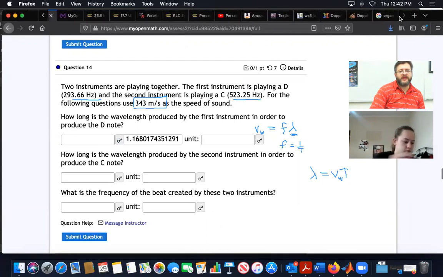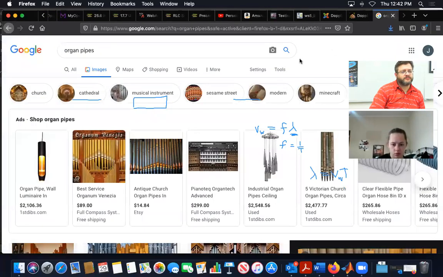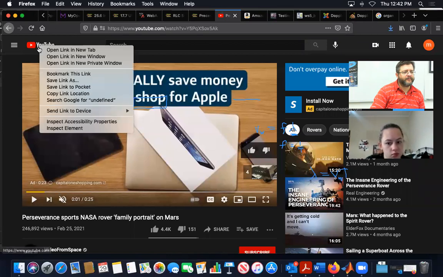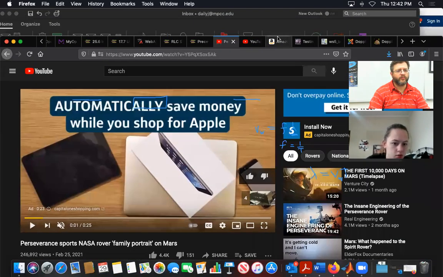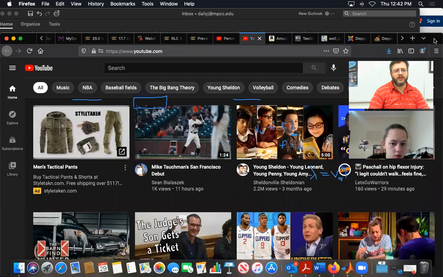You can actually hear, it's actually pretty easy to demonstrate a beat frequency, even through like YouTube, for example. Too many toolbars.